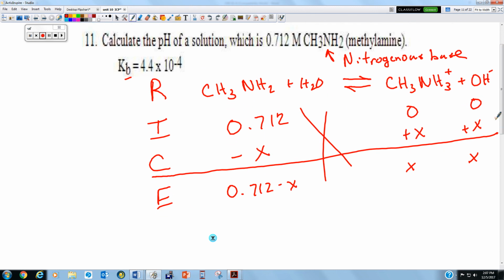Now, in this equation, I technically don't have enough information to solve for X without going through a quadratic. I don't want to take my time and set up a quadratic. So right at this point, I am going to drop my X. I'm going to show you a way to verify that it's okay to drop the X at the end. We're going to do something called the 5% rule.